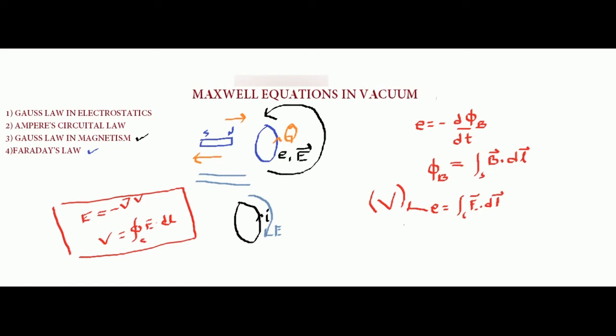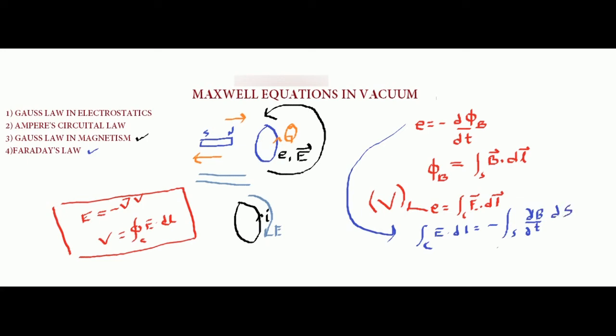What does the equation become on both sides? On one side I have the integral around a curve of E dot dl, and on the other side I have minus, taking d by dt inside, a surface integral of del B by del t dot dS.